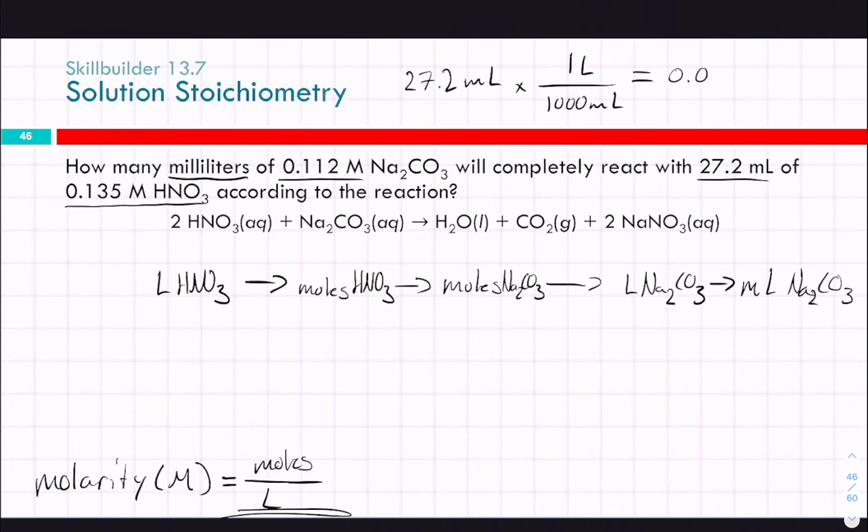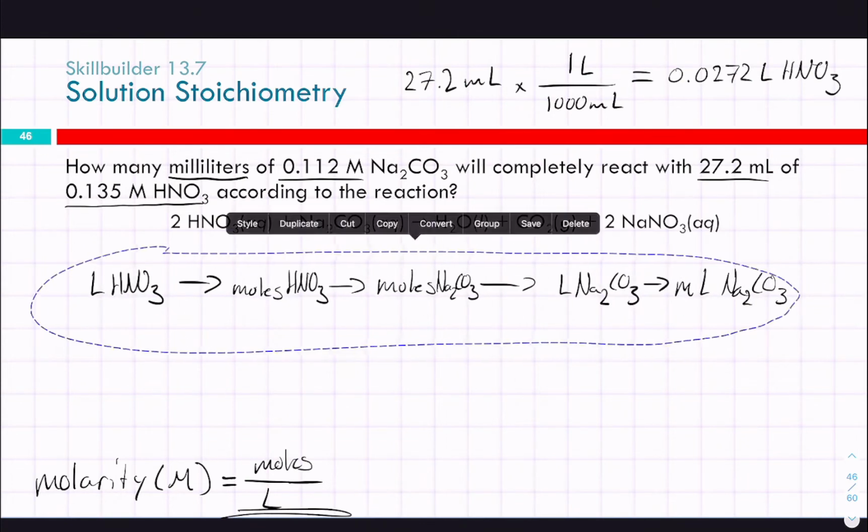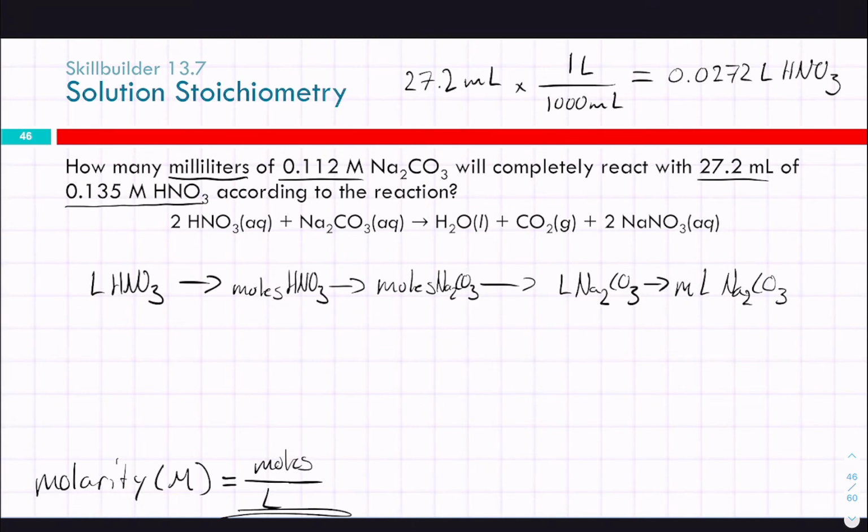So it'll be 0.0272 liters of nitric acid. So from our starting point here, we should shift this over a bit. We're going to start with 0.0272 liters of nitric acid.